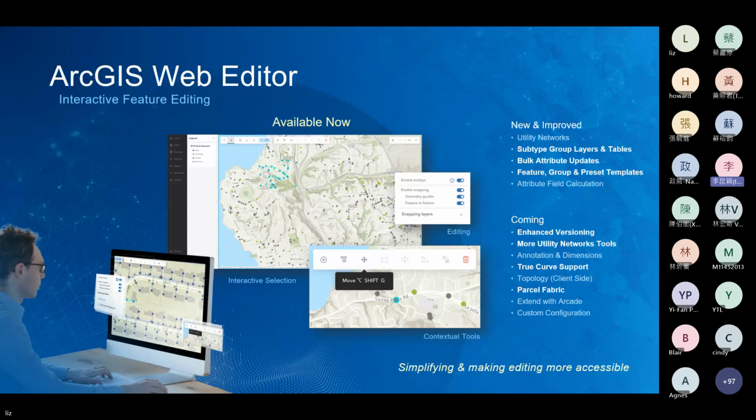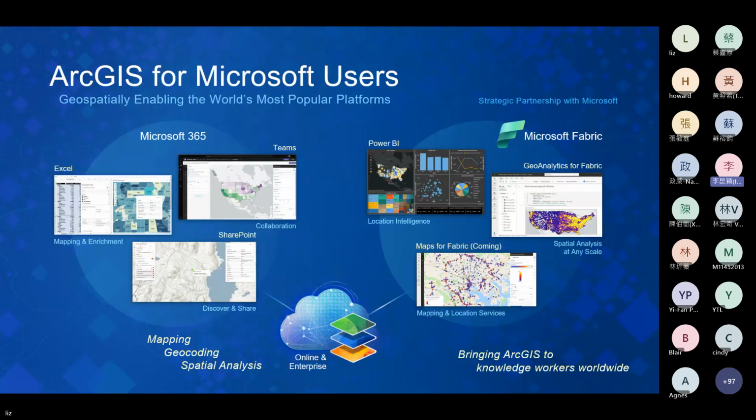And Esri has had an incredible partnership with Microsoft for more than 30 years. In recent years, we've made major progress by integrating our technology directly into the Microsoft 365 platform. So mapping, geocoding, and analytics are now available to all Microsoft users, and even to those who aren't GIS experts.